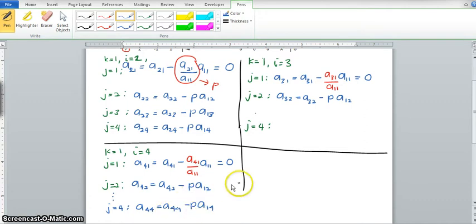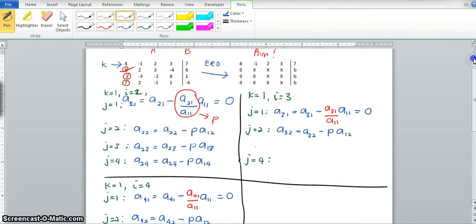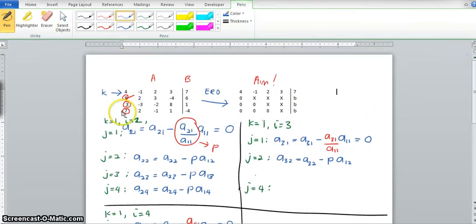Now we already complete this part. We want to have 0 below the leading reference row, the first reference row where k equals to 1.